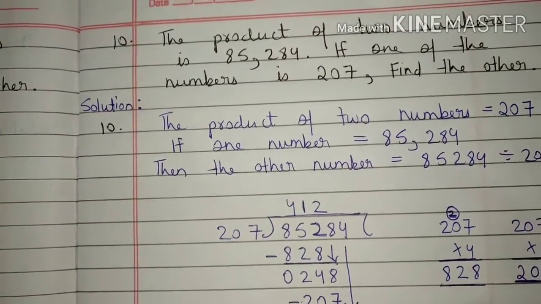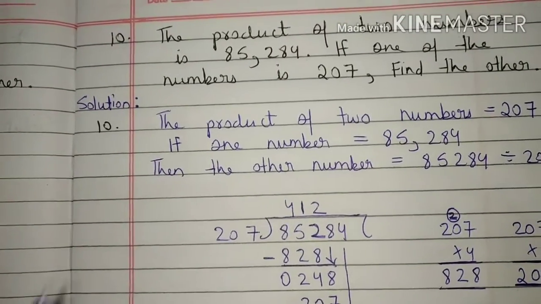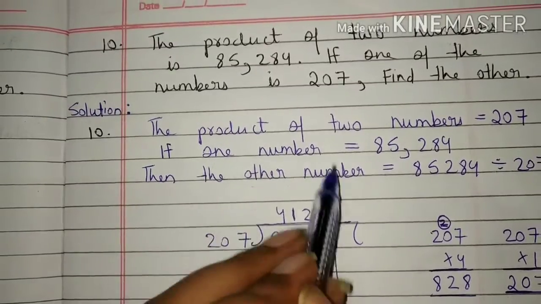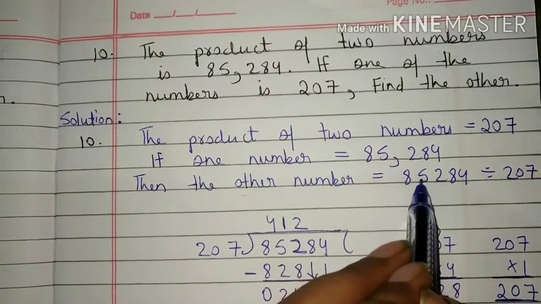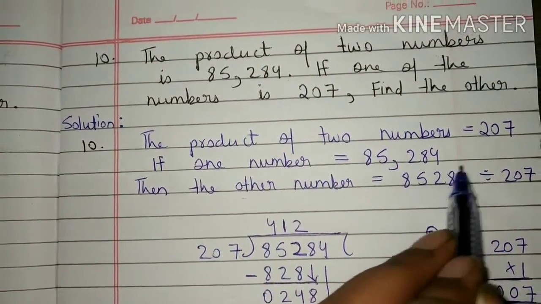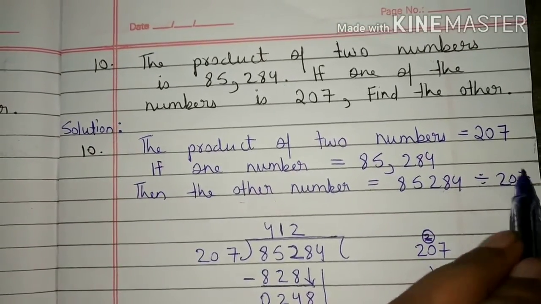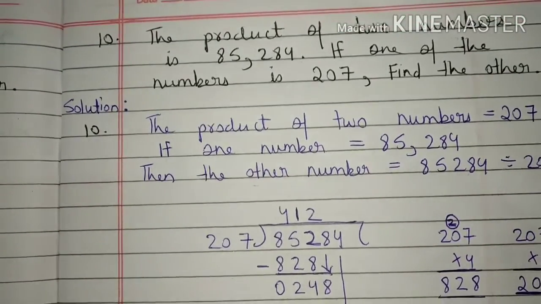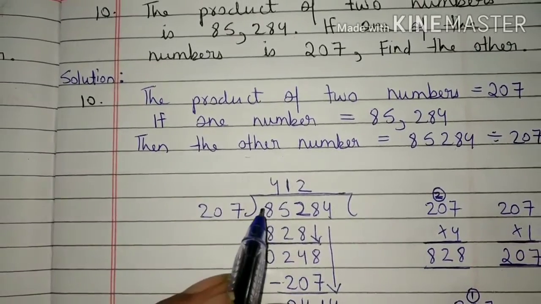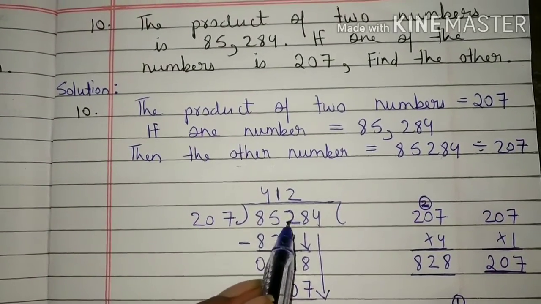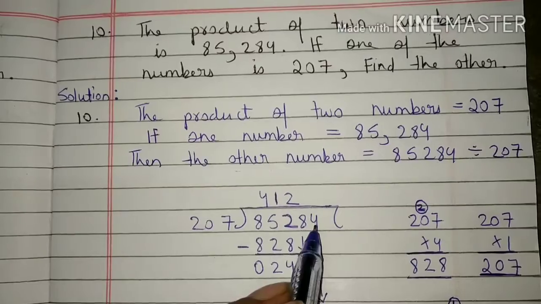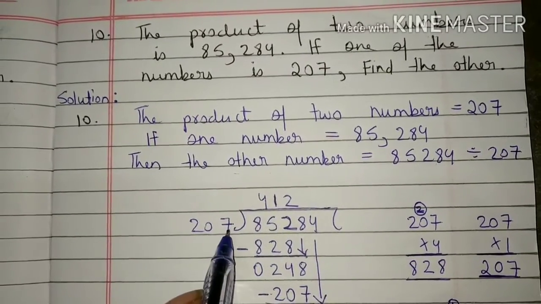Students, in this question we will do division. Then the other number is 85,284 divided by 207. Students, now we will divide 85,284 by 207.